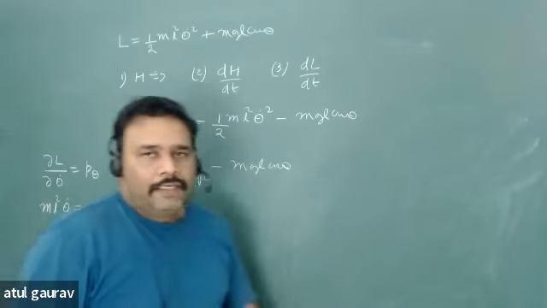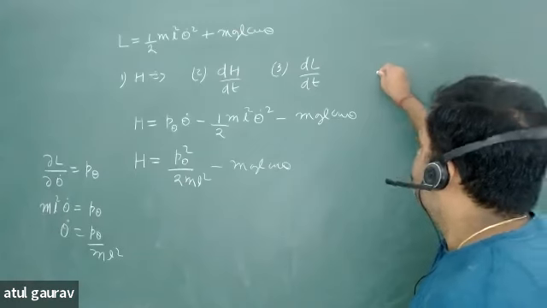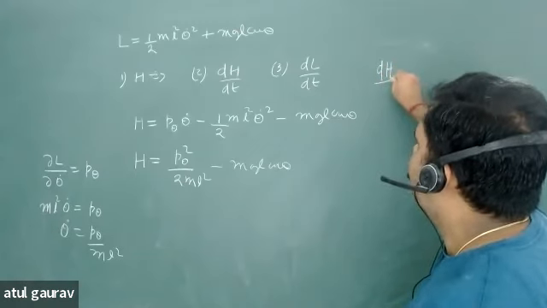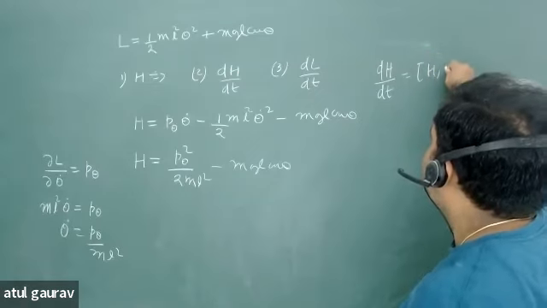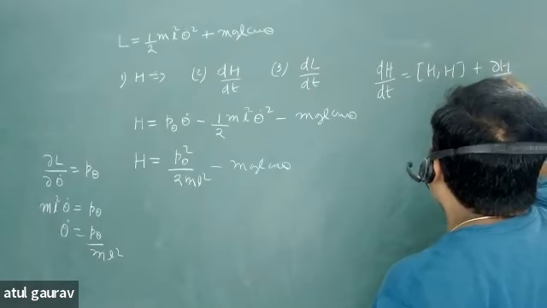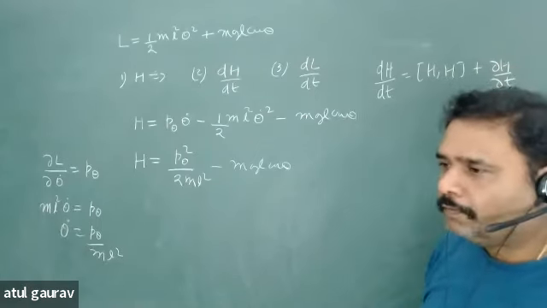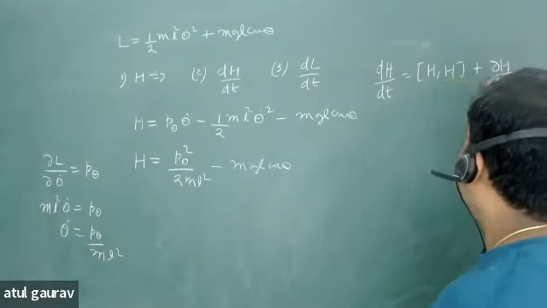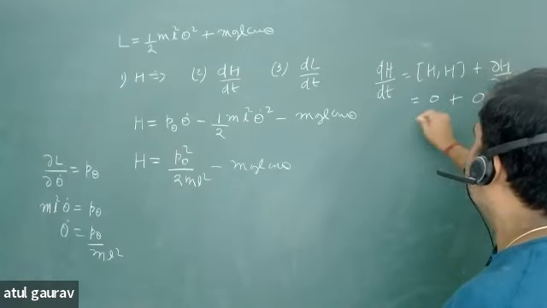And let us try to figure out what will happen to dH upon dt. This is very trivial actually, but we have to do it. dH upon dt is nothing but the Poisson bracket of H and H plus del H upon del t. Everyone is comfortable? H and H is going to commute, and del H upon del t is also 0.